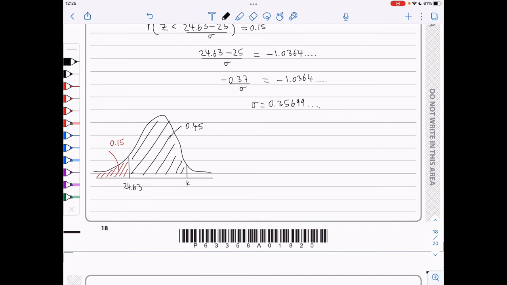So all of this can be nicely summarized into the probability of D being less than K is equal to 0.6 because it's the 15% and the 45%. But now I know the value of sigma, I know mu is 25, so using my calculator, I get K to be 25.09.